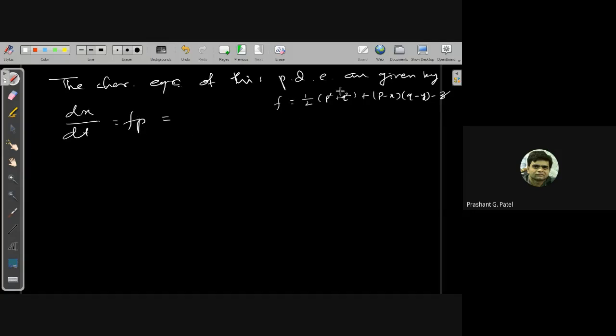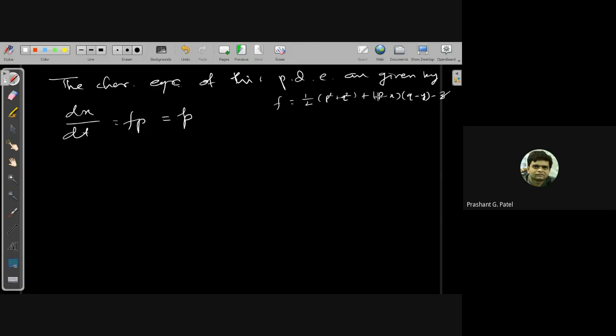So fp, the derivative of this with respect to p, will give me p, that is the derivative of p square is 2p, 1 by 2, so 2 will get cancelled. Q, no derivative, 0.